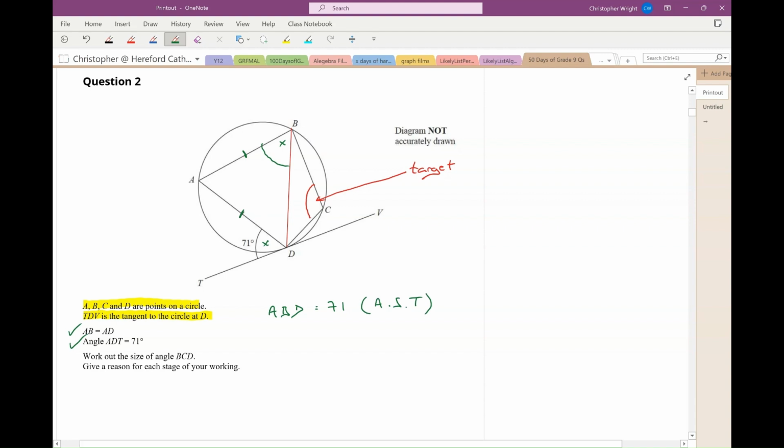Now that angle there then is 71. So that means that this angle is also 71 because, of course, that's an isosceles triangle. So I'm going to say BDA equals 71 equals ABD, isosceles triangle.